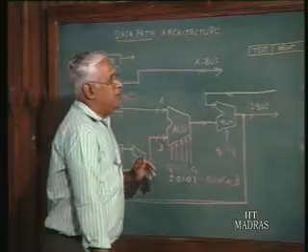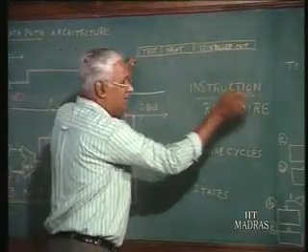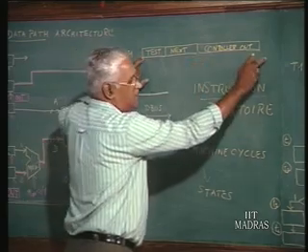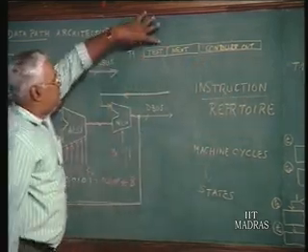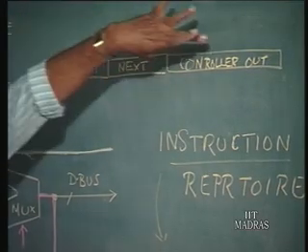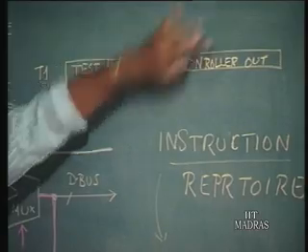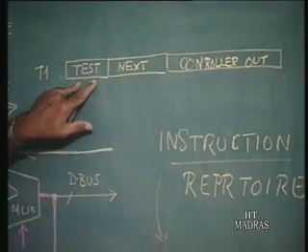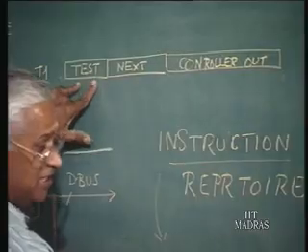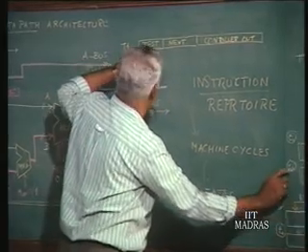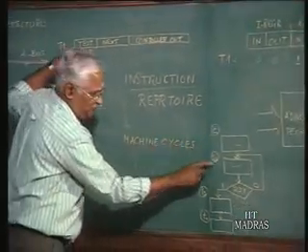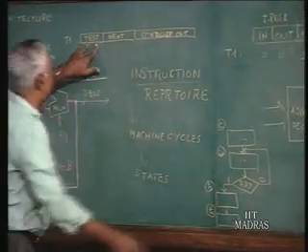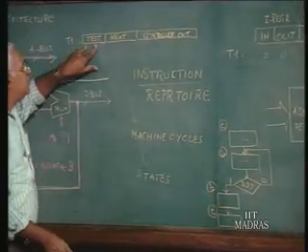Good. Now for a given state T1, this word will give information on what are the signals that must be generated and what are the inputs that must be tested for that given state. For instance, here in T1 there is nothing to be tested, fine. In T2 we will see that ready is an input which must be tested, that information will be here.